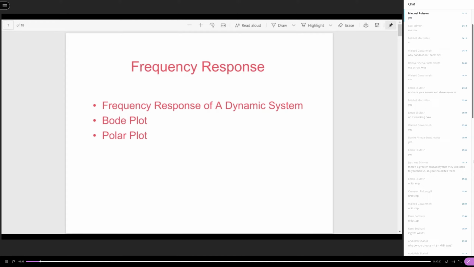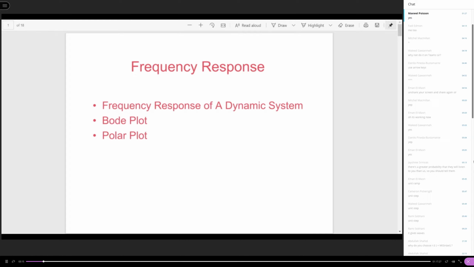Now, basically, the frequency response is all about two plots. Here you can see the Bode plot and the polar plot. The polar plot is another way to draw the frequency response. So the Bode plot is one way, the polar plot is the other way. From the polar plot, we're gonna derive the so-called Nyquist plot.